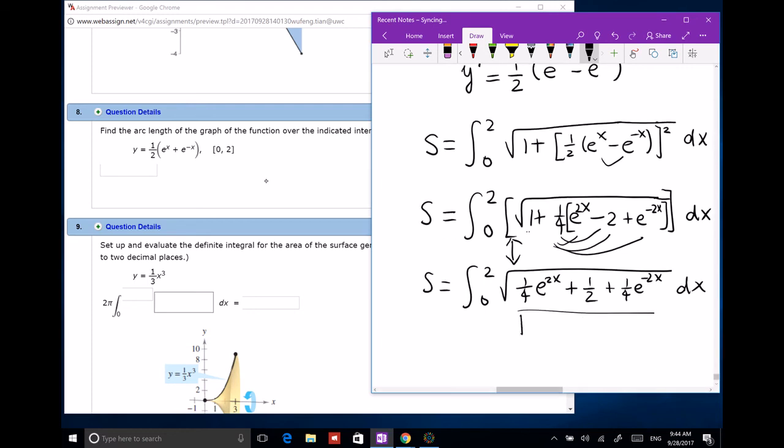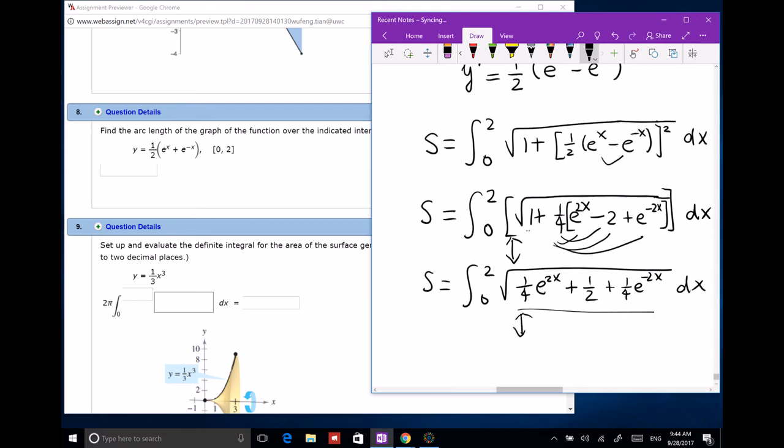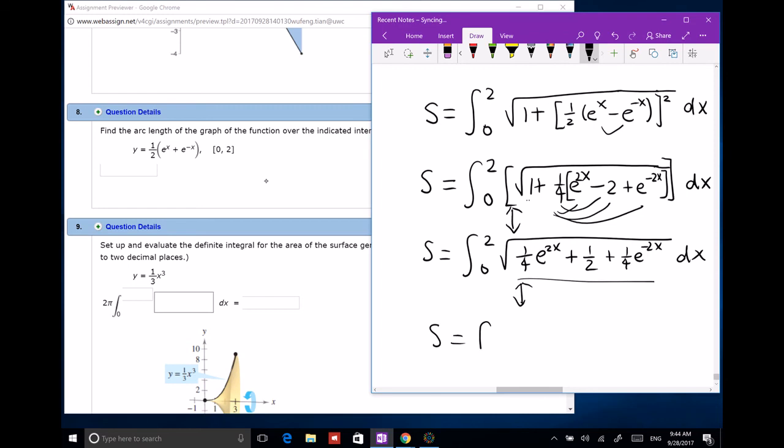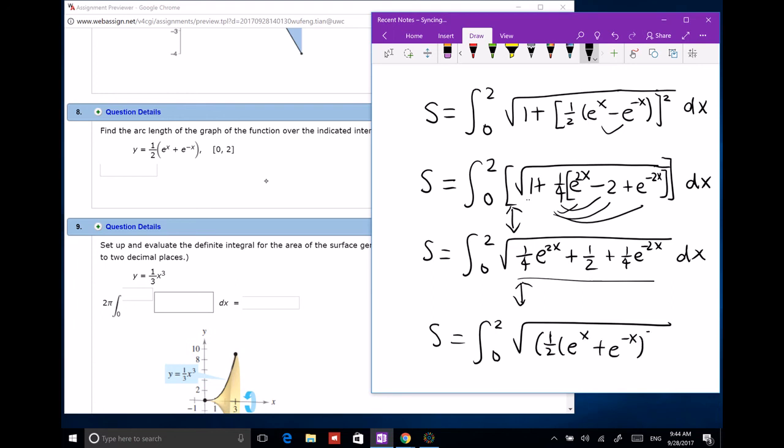From here to here is another important step, which is 0 to 2 square root of 1/2 e to x plus e to negative x squared dx. You can see here it's minus, and it's minus 1/2 if you distribute it. Now it's plus 1/2, it's plus.